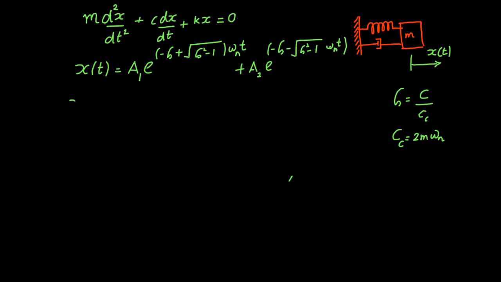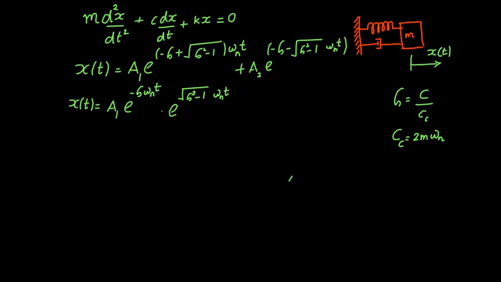This expression can be written as x of t is equal to a1 e power a plus b can be written as e power a, which is minus psi omega n into t, or minus eta omega n into t, into e power square root of eta square minus 1 into omega n into t.